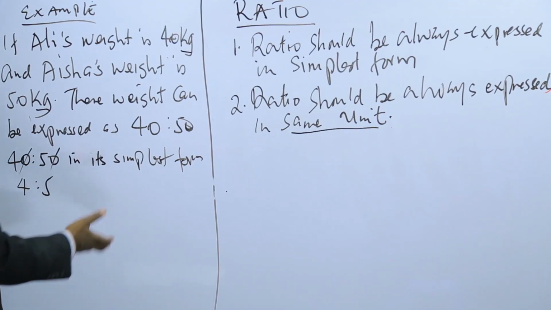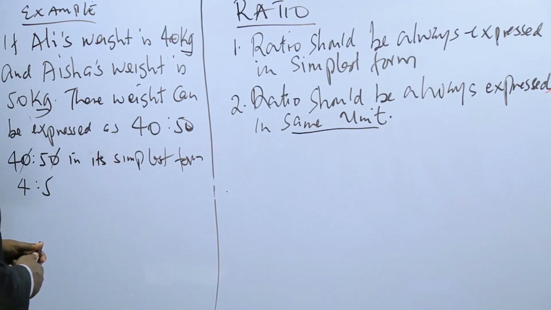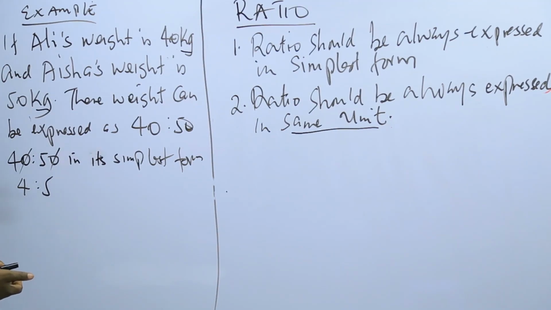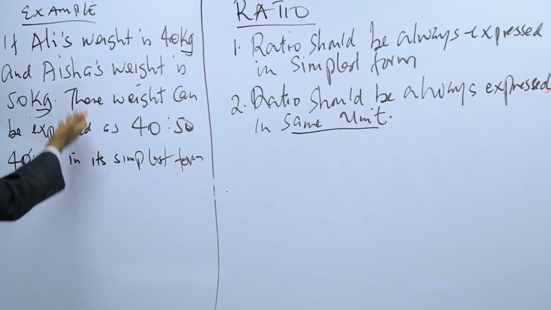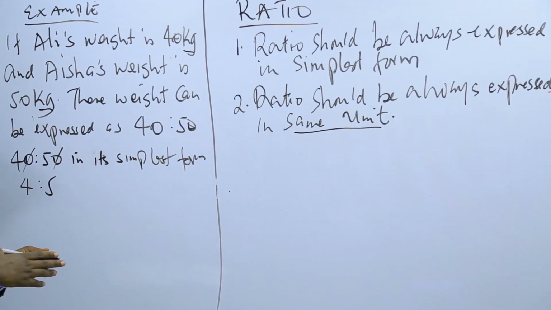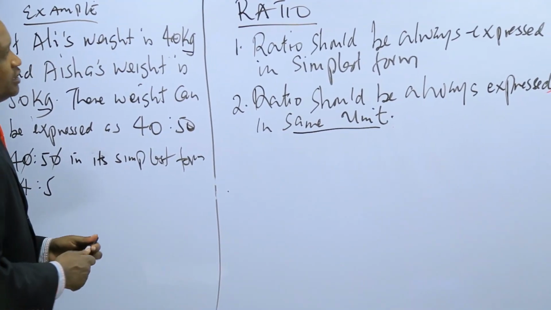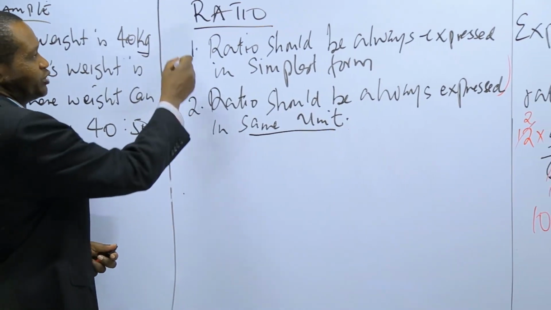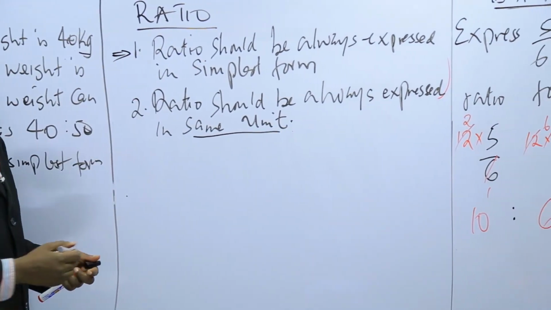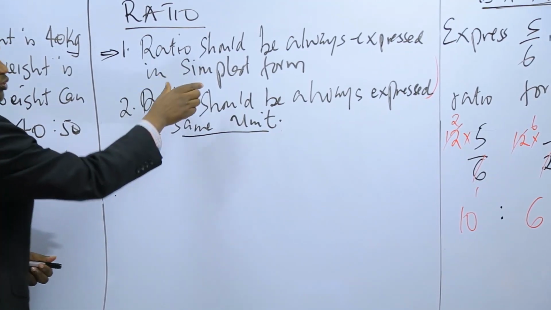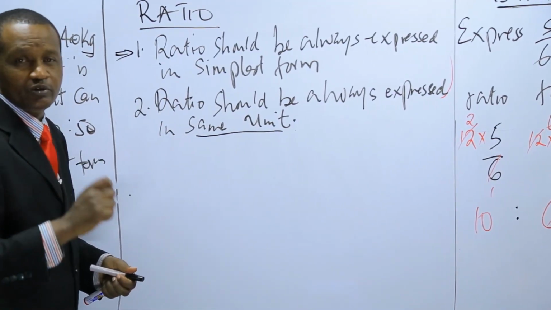And we've given examples of these relationships, all right? We started by looking at a relationship between Ali's weight and Aisha's weight. We went further and gave some important rules when working out ratios. Ratio should always be expressed in its simplest form.